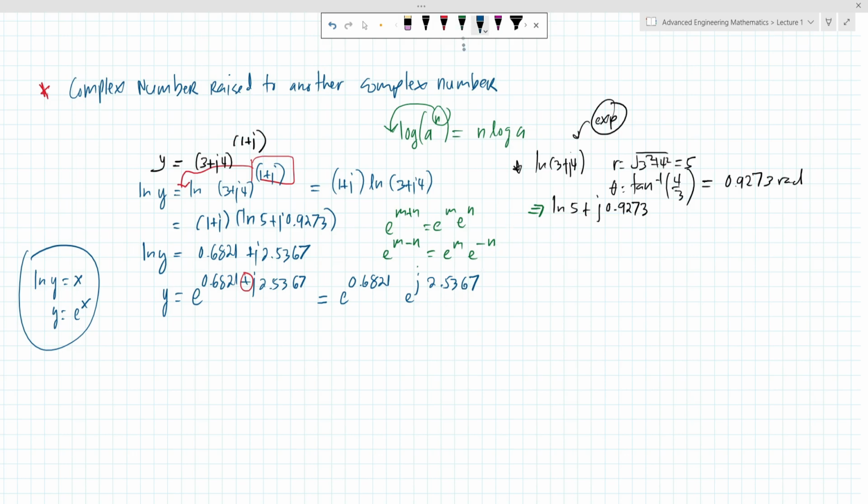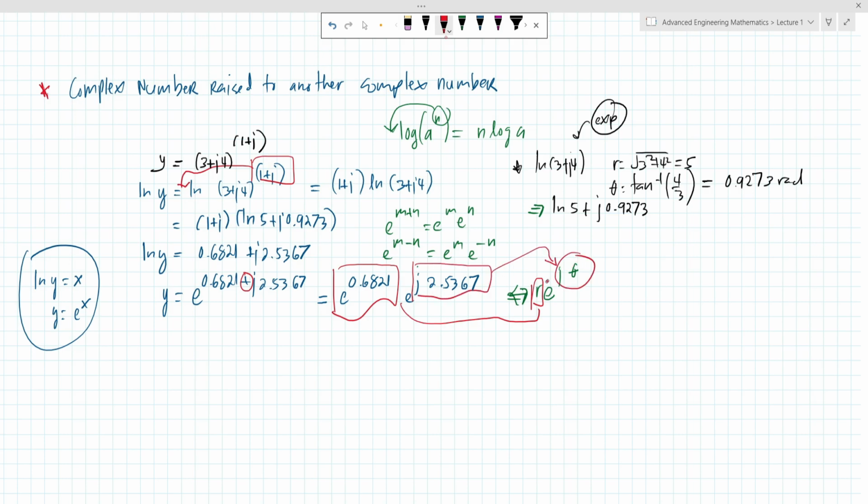When you separate the terms in the exponent with the same base, compare this to the exponential form, that is e raised to r, e raised to j theta. Take note, our e raised to something here is our r.